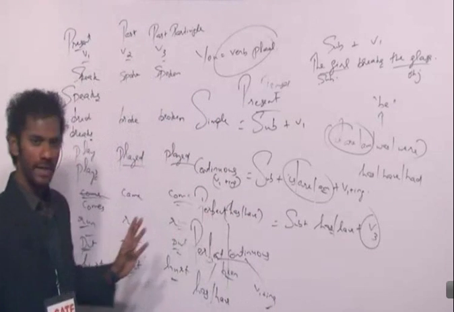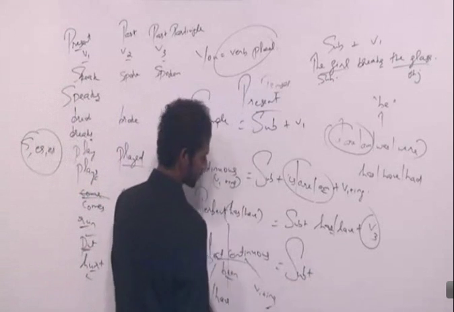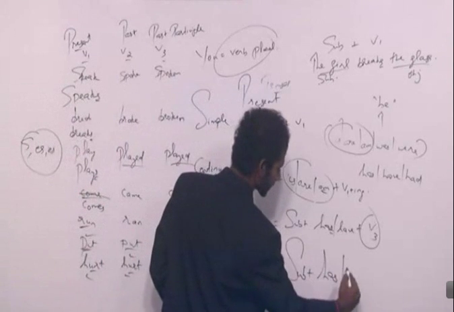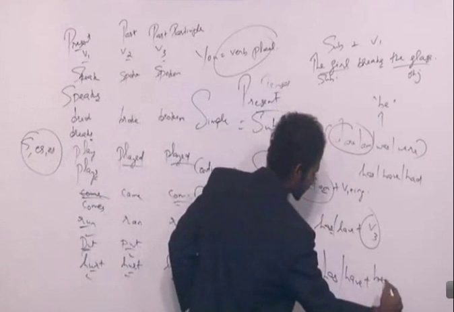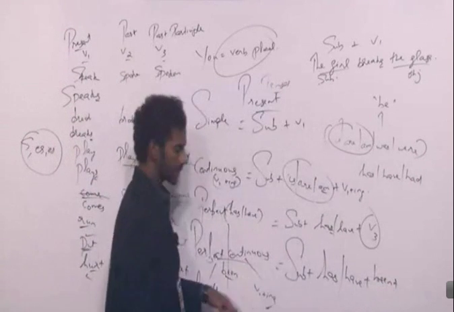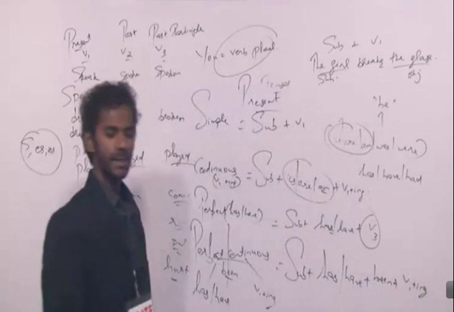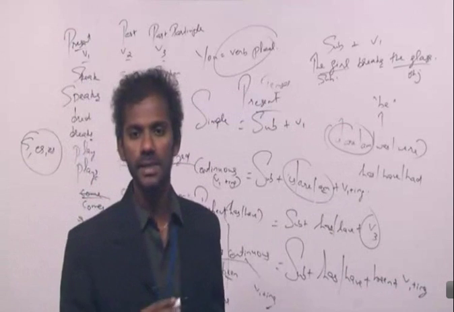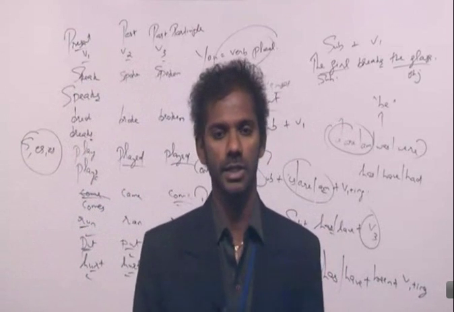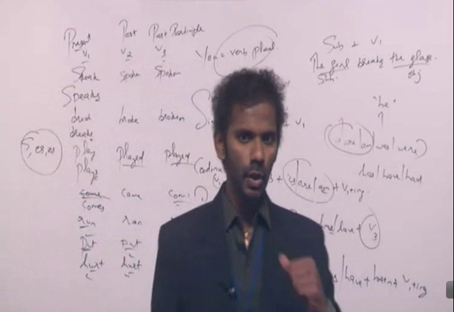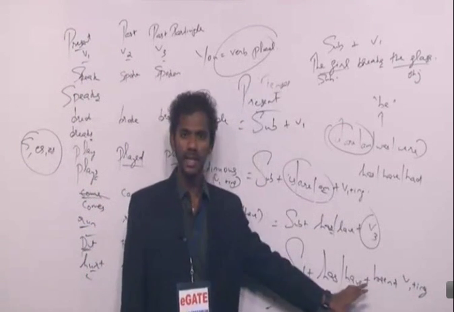So the structure of present perfect continuous would be subject plus has or have plus bin plus continuous, so V1 plus ing. Clear? This is the rule of present perfect continuous. You know when to use has, you know when to use have: has is singular, have is plural.